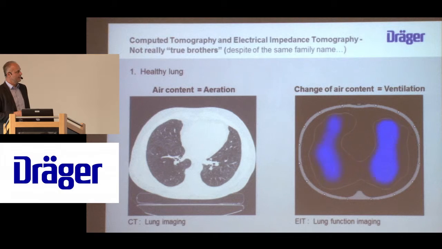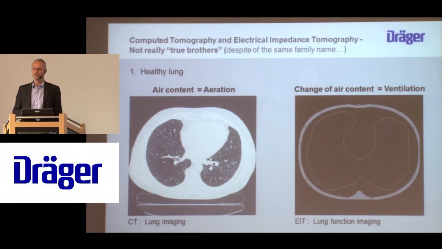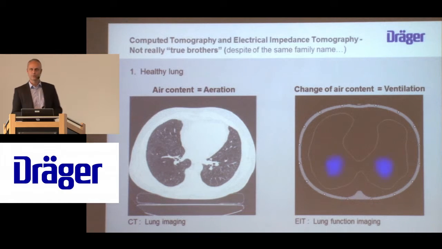Now with EIT, we are not showing the air content directly, but we are focusing on the changes of the air content. And if we talk about changes, of course we have to define our reference point. We chose to always take the end of expiration as the reference point.